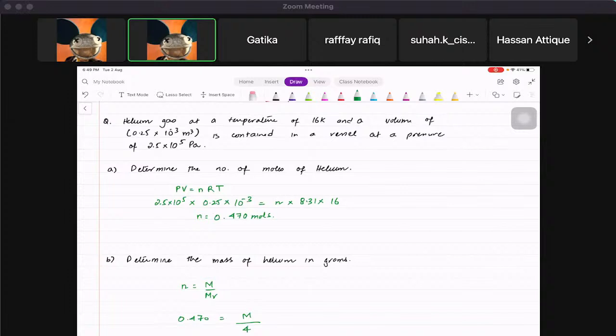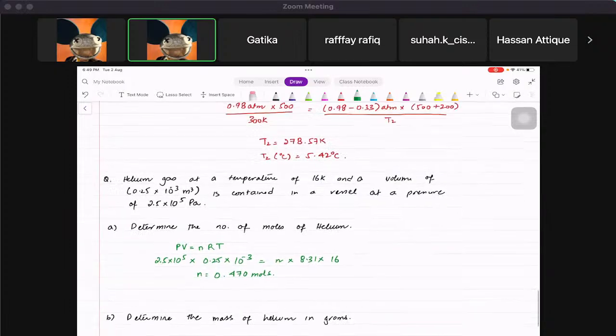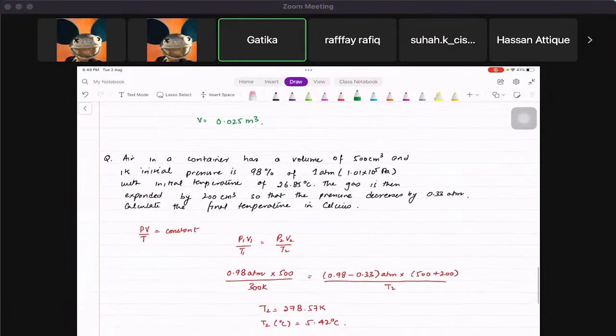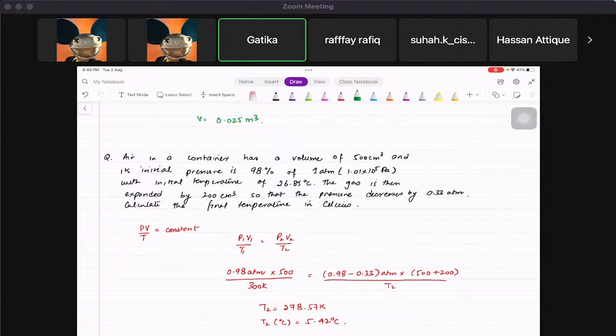Okay, sir, can you show the second question? Yes. So why did you subtract 273 from 278 and not 300 at the end? Because if you look at the equation itself, we had the temperature in Kelvin.